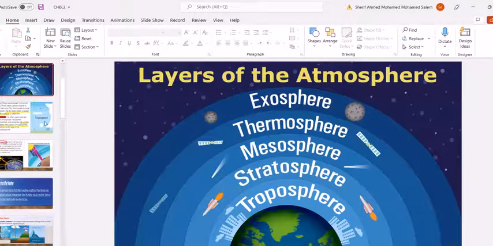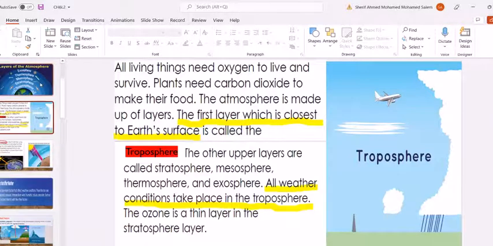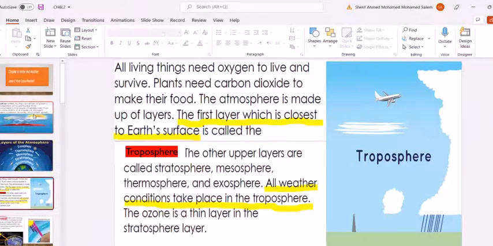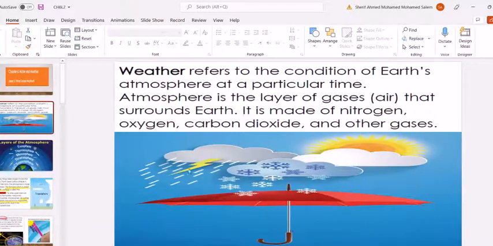So today we talked about what? We talked about the atmosphere. I said the atmosphere is the air around the earth. It has different gases like oxygen, carbon dioxide, hydrogen, nitrogen.